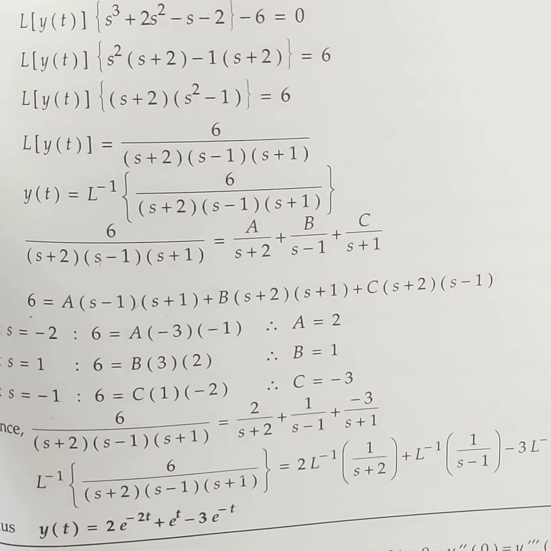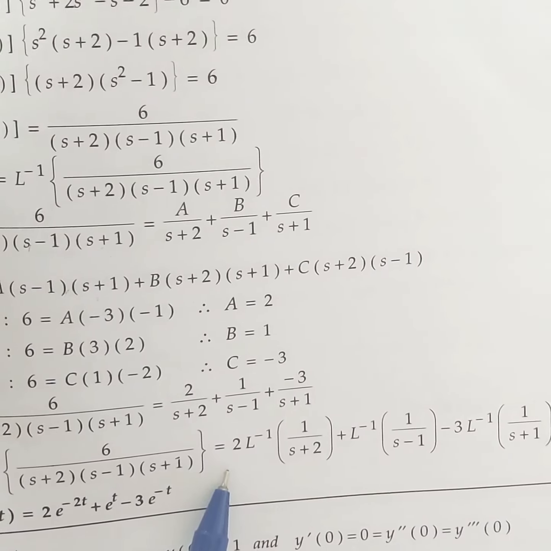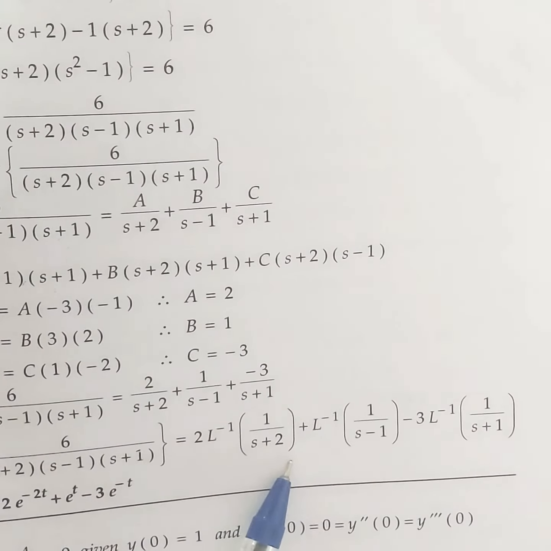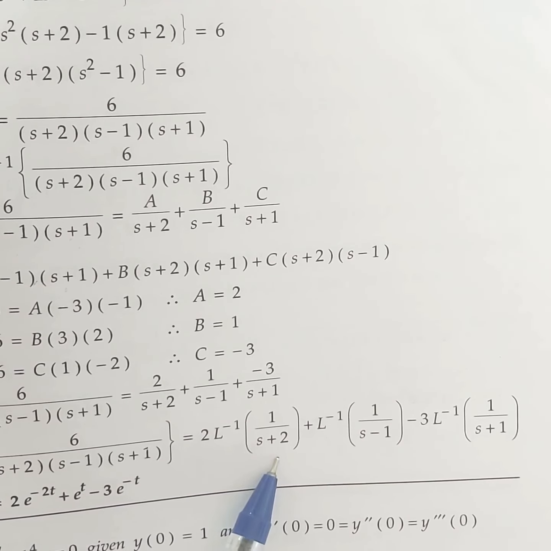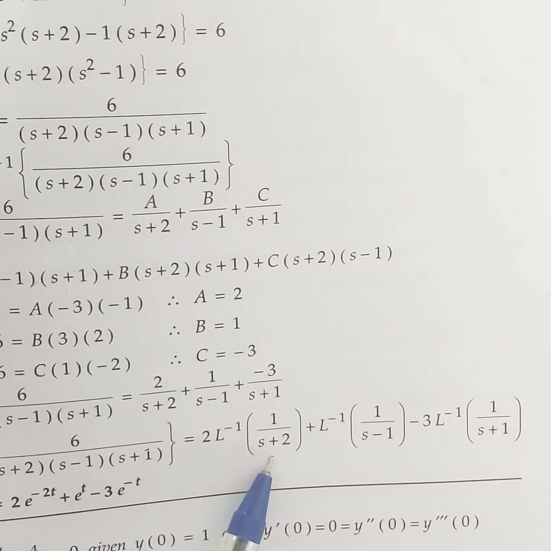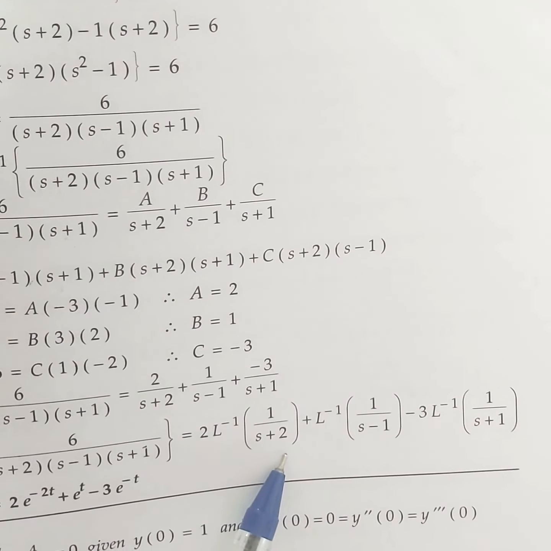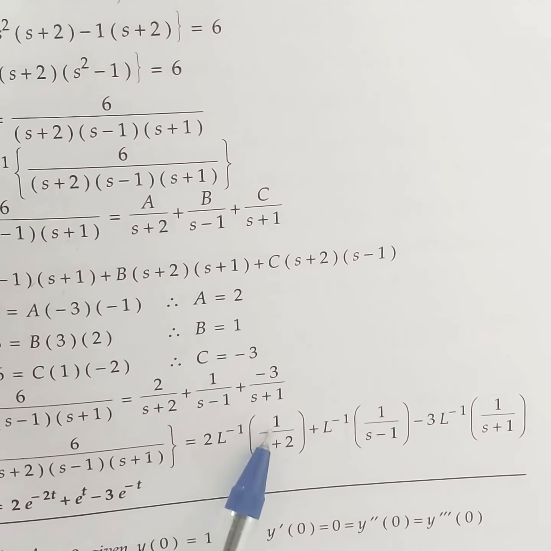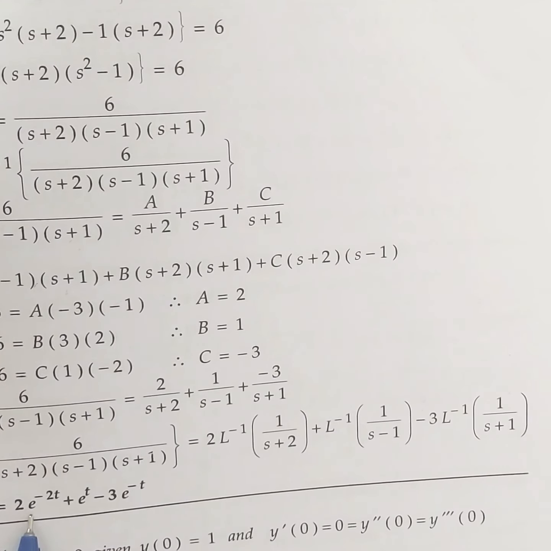So what is the Laplace inverse of the whole thing? We will write the first constant A, Laplace inverse of 1 by s plus 2. What is the formula? Laplace inverse of 1 by s minus a is e power at. So in the place of a I have minus 2, because s plus 2 I can write as s minus minus 2. Your general formula is L inverse of 1 by s minus a is e power at. So 2 into e power minus 2t.